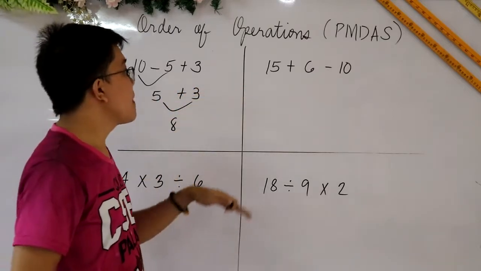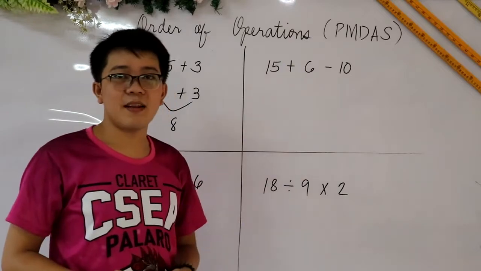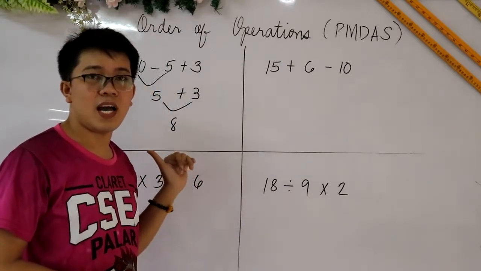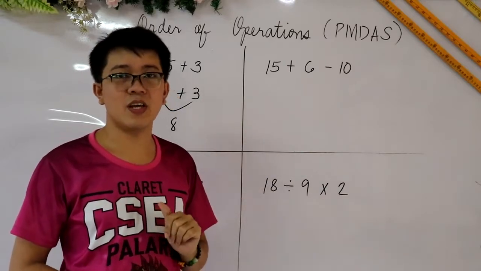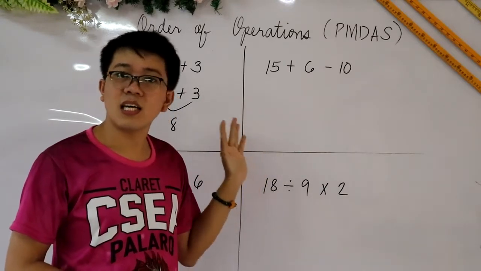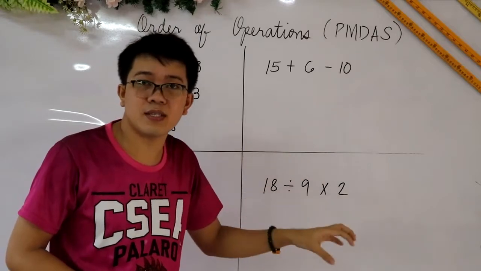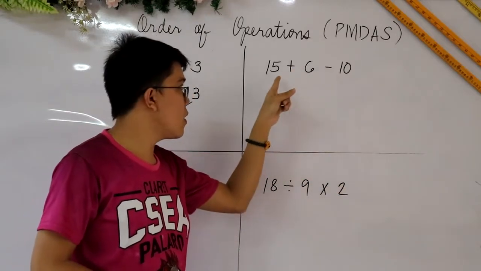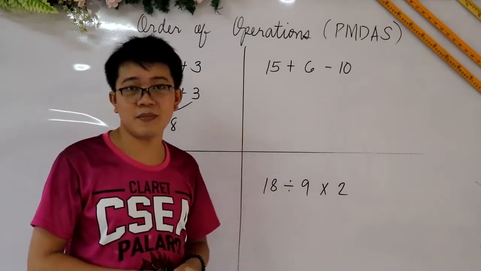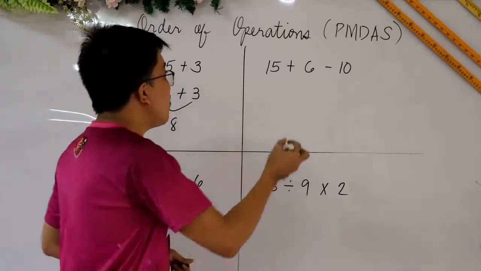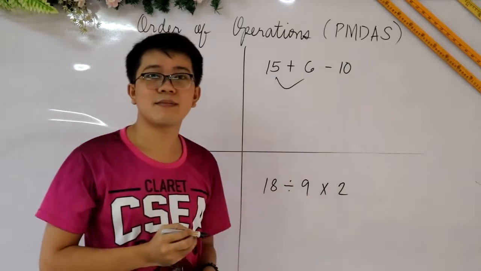Next example, 15 plus 6 minus 10. Same with number 1, there are two operations involved in this particular expression. So what do you think is the operation to be performed first? Subtraction or addition? Very good. Since addition comes first, we have to add. What is 15 plus 6?